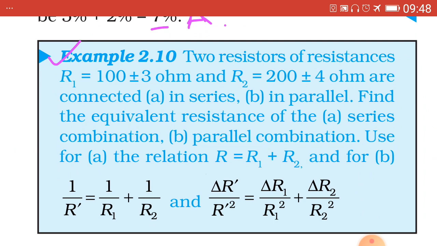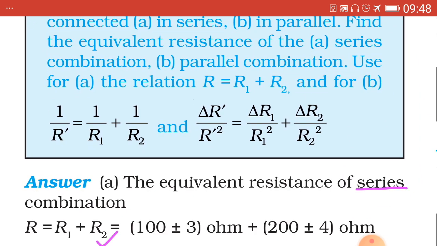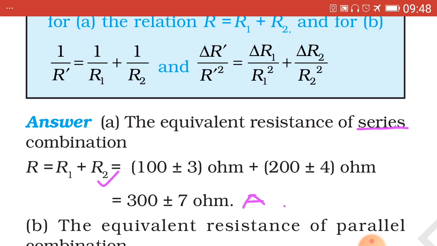Find the equivalent resistance of the A part series combination, B part parallel combination. Use for series connection the relation R equal to R1 plus R2, and for B part 1 upon R dash equal to 1 upon R1 plus 1 upon R2, and delta R dash upon R dash square equal to delta R1 upon R1 square plus delta R2 upon R2 square.